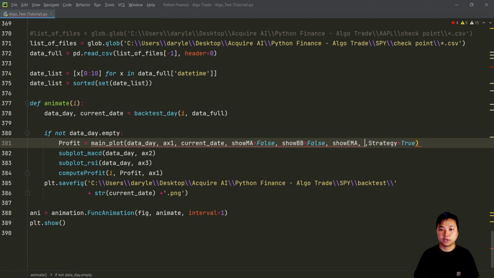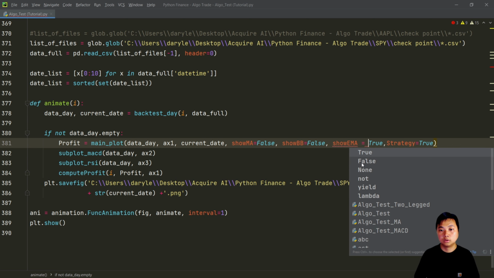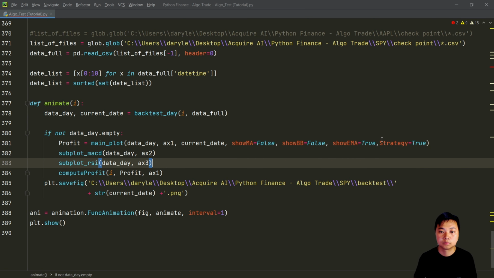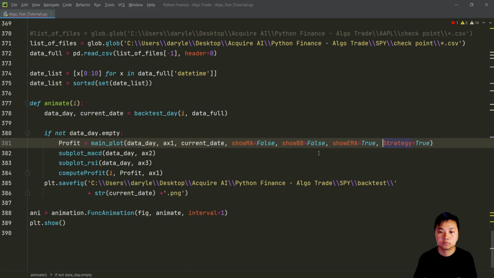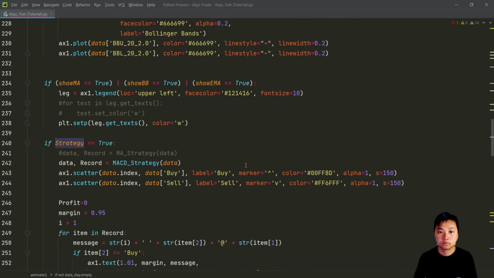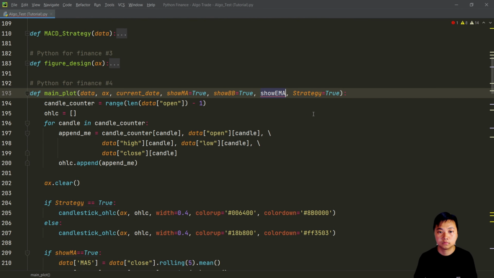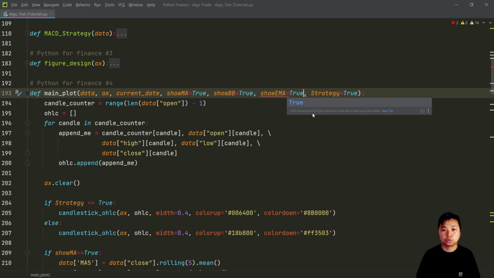Just want to make sure that EMA is equal to true. And by default, this is equal to true as well.